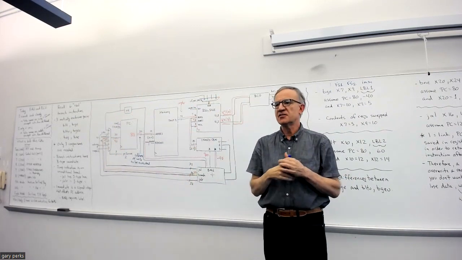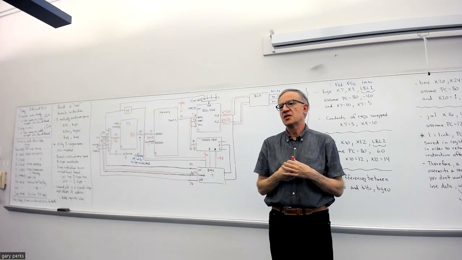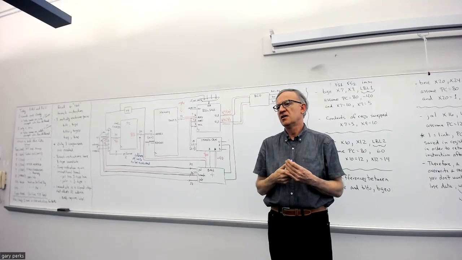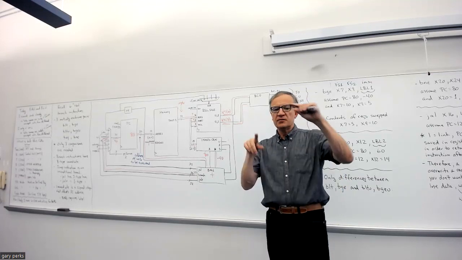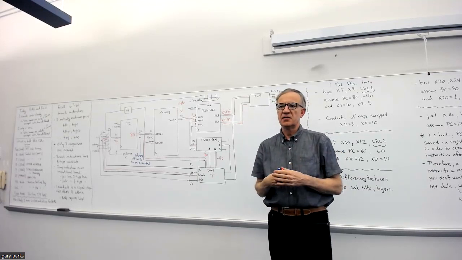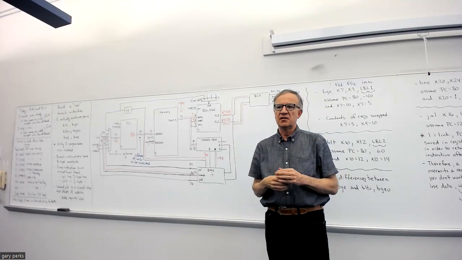But did you have a question? Yeah, so what you're saying is that the assembler is taking our labels and generating a number offset for that based on the length of each instruction. And so the machine code already has that handled as a number essentially, and not as a label that we have to translate in the hardware to a number.